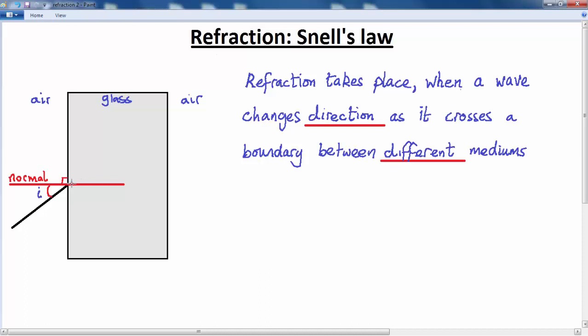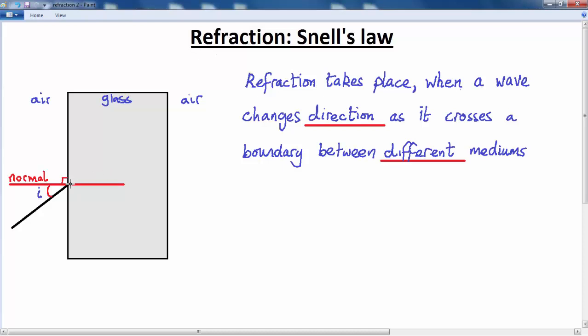Now if you want to understand better how or why that happens, then I suggest that you look at the previous lesson, which gives an explanation to this bending of the ray. In fact, if you haven't watched that video, then I suggest that you stop this one straight away and watch that one first.